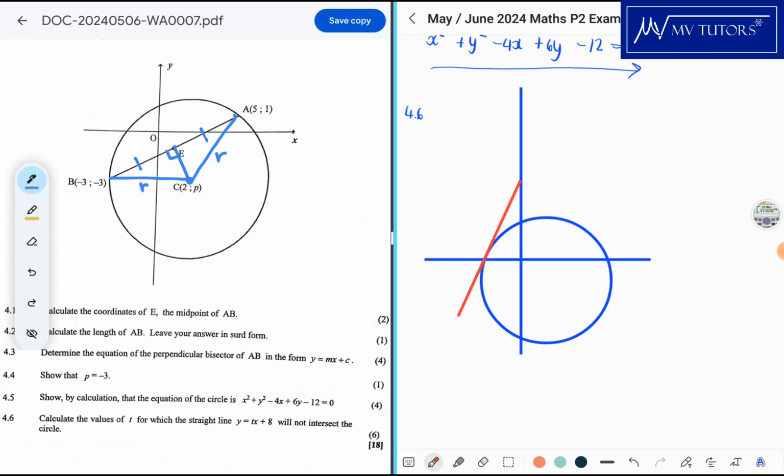Let me just do it again. Okay, we'll work with that. Okay, and let's say that point is 8. So at that point, that is where we have 8, right? So now we have y is equal to tx plus 8.